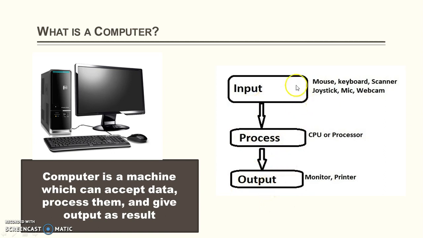To get the data as input, there are input devices like a mouse, keyboard, scanner, joystick, mic, webcam, etc. Then as a processor, there is a central processing unit that performs all the arithmetic and logical operations, and at the end you will get the output, which will be displayed on a monitor as well as a printer.